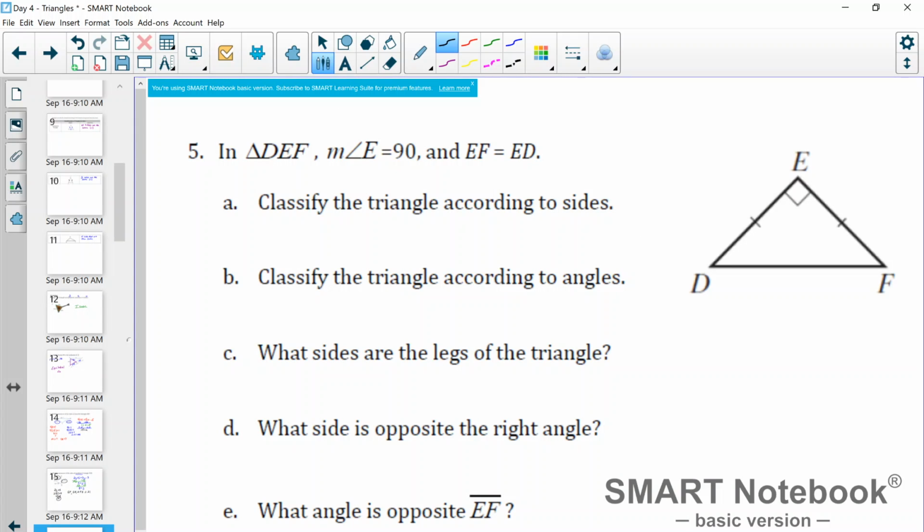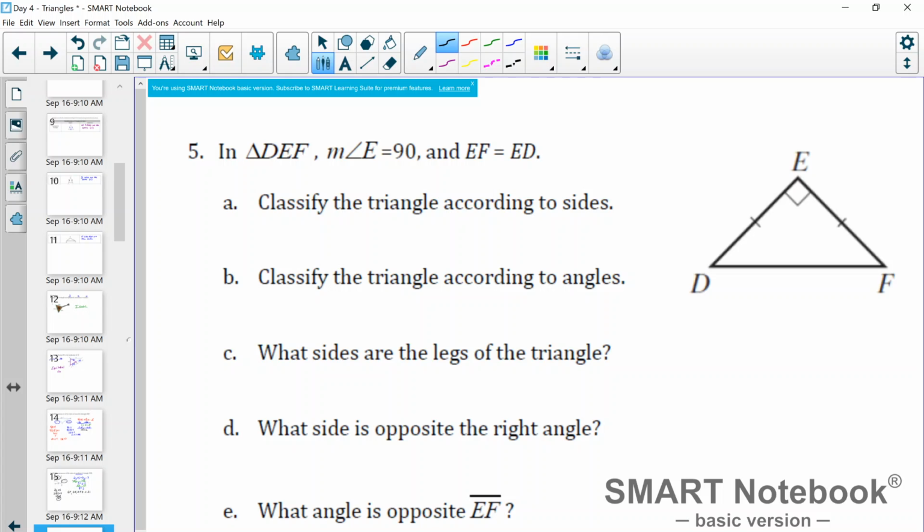And we can basically answer all these problems being asked in different ways. They're essentially the same question. So we have to classify based on the sides according to the angles. What are the legs? What are the opposite angles, opposite legs, etc. So here we have triangle DEF.